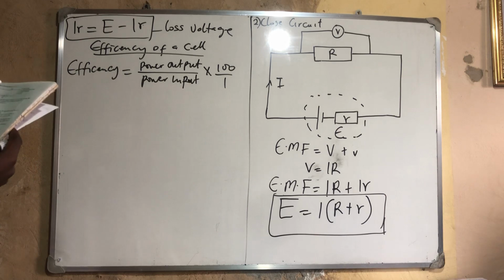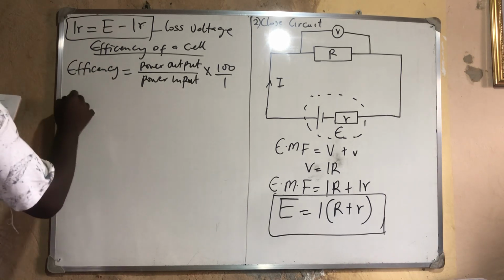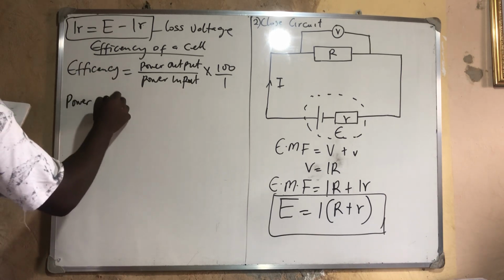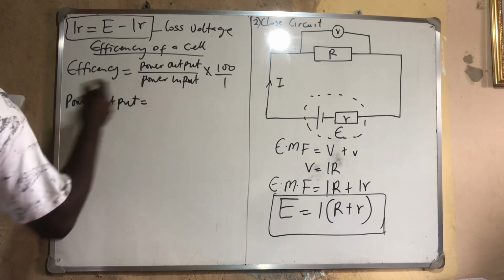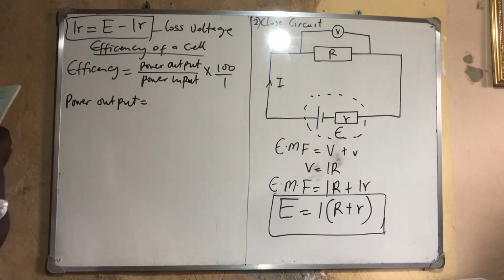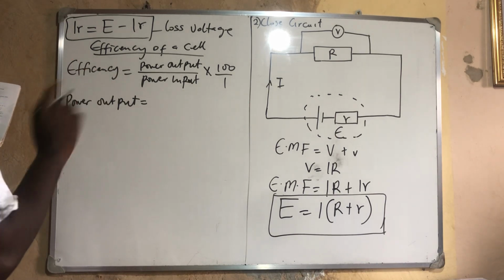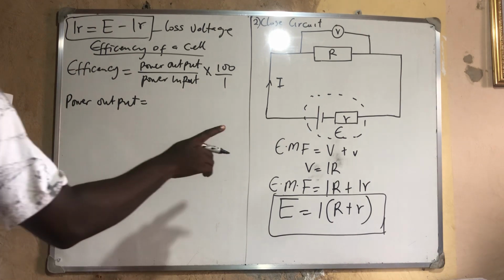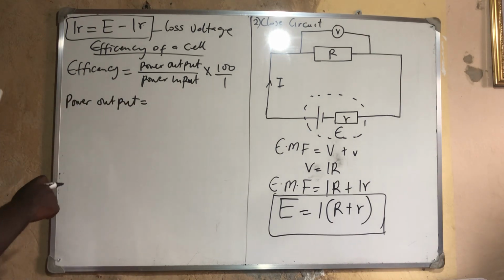So how do you get your power output? The power output is the power delivered to the external resistor only. The power that is delivered to the external one is your power output.